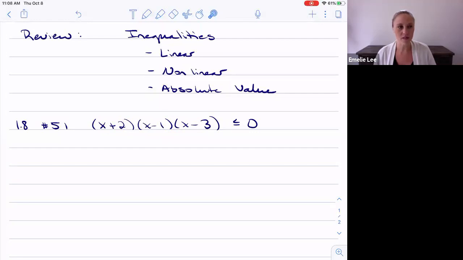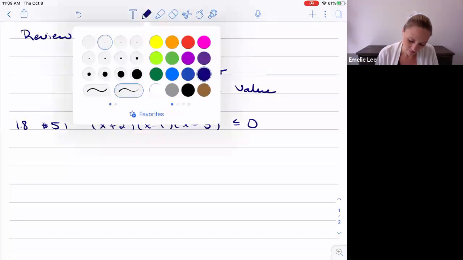Remember, the steps were to move all the terms to one side of the inequality, so you're just left with 0 on the other side. That's the first step to solving these things. Then we would have to factor everything so it's as simple as it can be. Now, it's already factored, and that's why we're able to jump in and do this one.